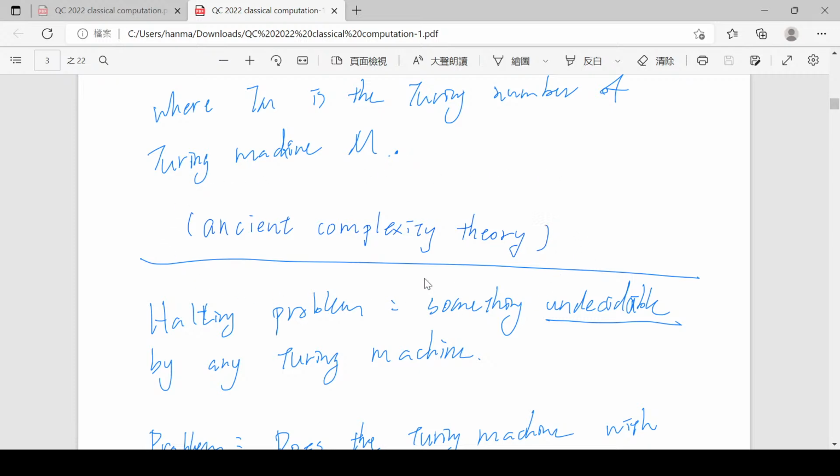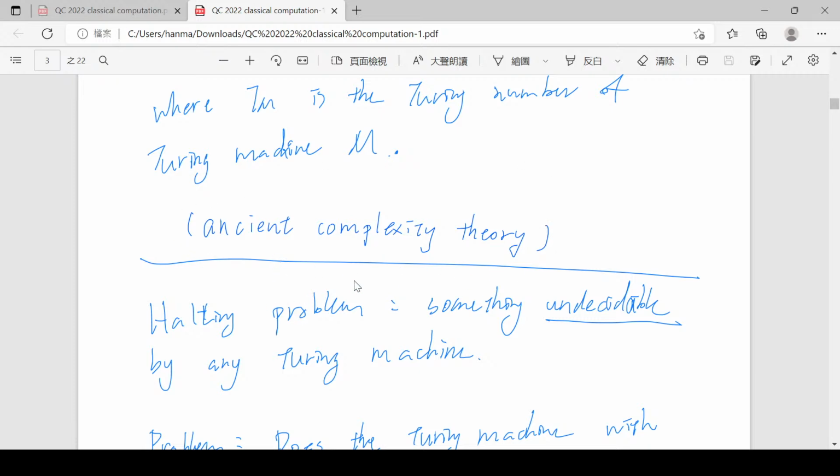Back then we didn't have the concept of P versus NP, because we think whatever can be computed by a computer, the machine will run very fast and it will just be done very fast. So people want to study whether things are actually computable or not.